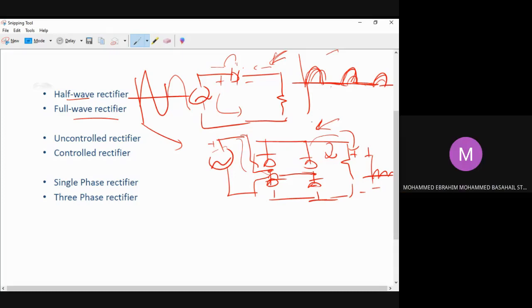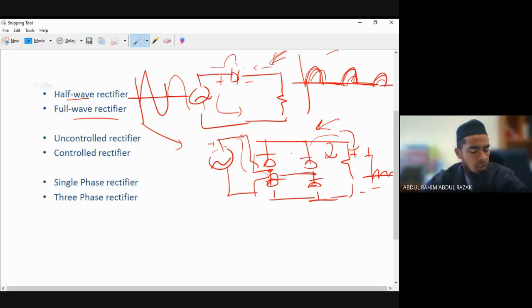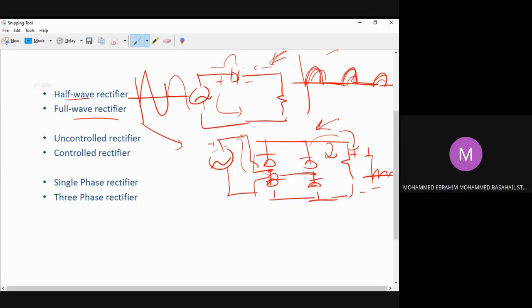Doctor, actually, I have a question. For the second diagram that you used, I think the diode must be in series with the load. If you put the diode parallel with the load, it's going to be a clipper, right?